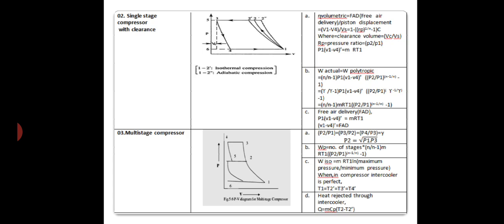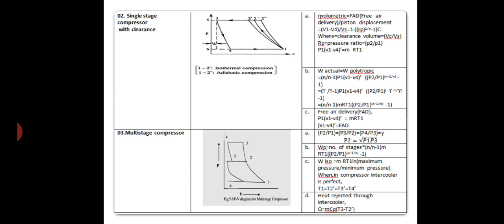Now in the next slide you can see the single stage compressor with clearance plotted on the PV diagram. After the PV diagram we are giving some formulas. The volumetric efficiency is equal to free air delivery upon the piston displacement, so we got free air delivery V1 minus V4 upon Vs, the piston displacement.